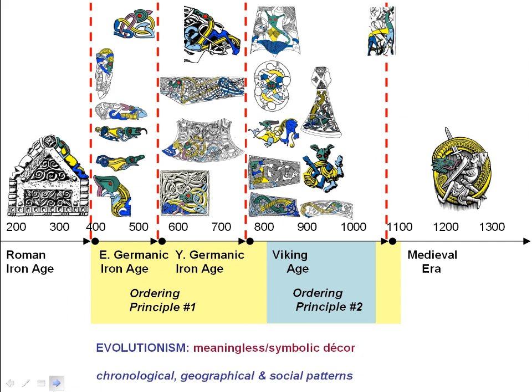It started all with Bernhard Salin, who made a very basic subdivision of a style conglomerate that starts during the migration period, spans over the Merovingian period or the Vendel period, and ends at the very beginning of the Viking Age as we know today, subdividing it into three style groups.